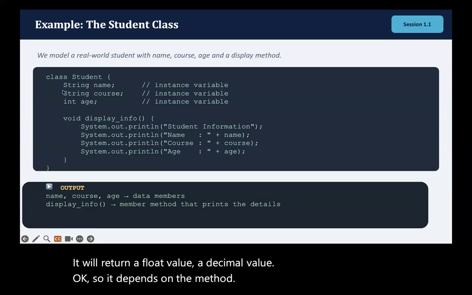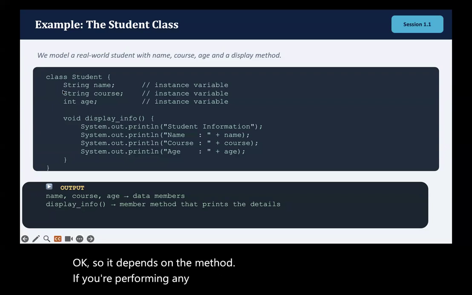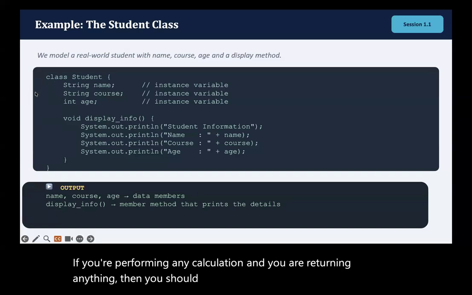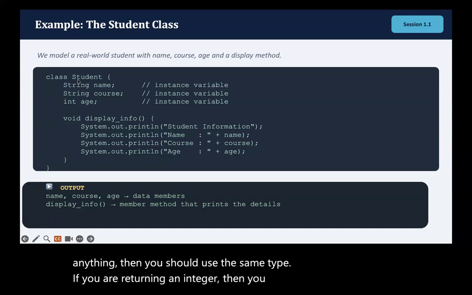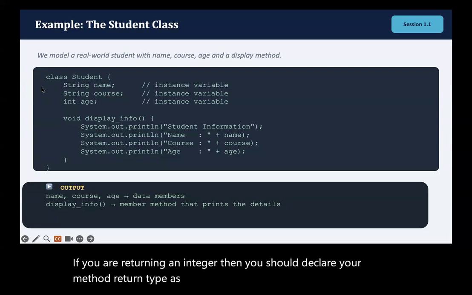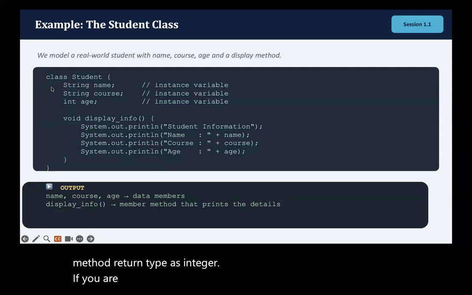If you're performing any calculation and you are returning anything, then you should use the same type. If you're returning an integer, then you should declare your method return type as integer. If you are returning a string, then write the return type as string.